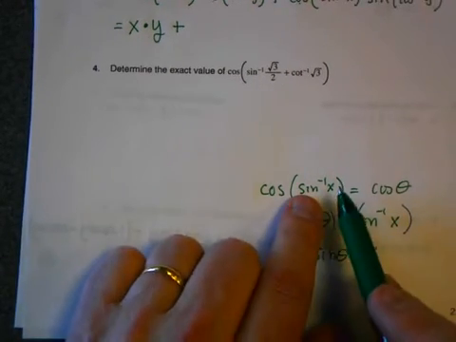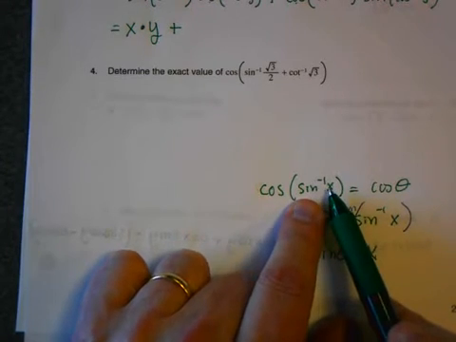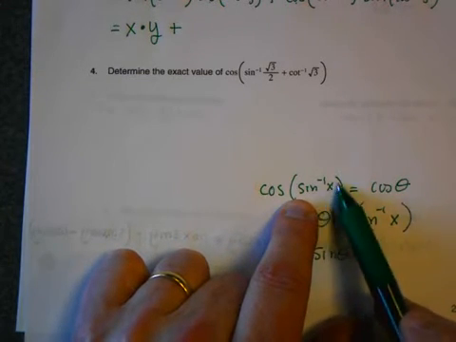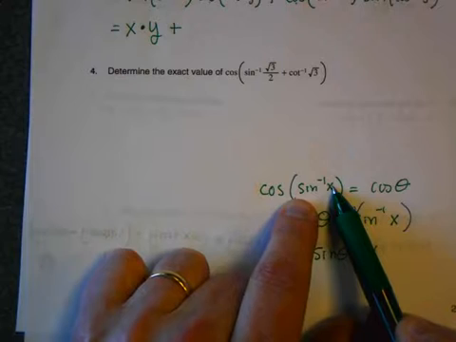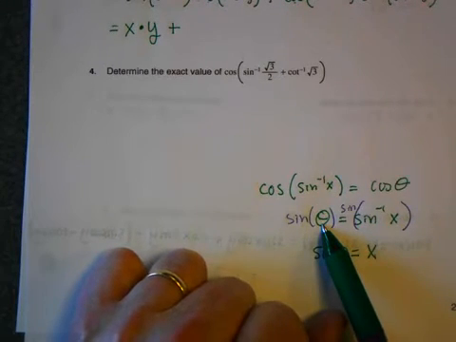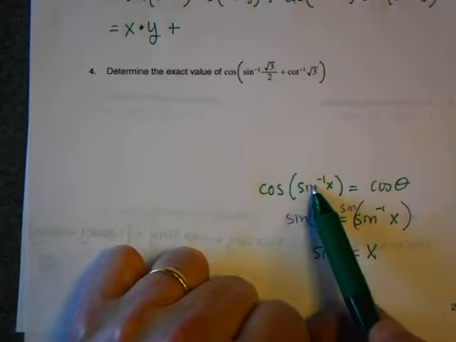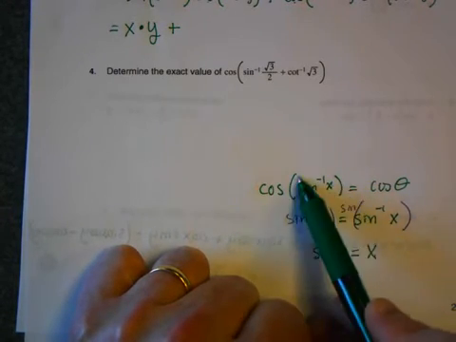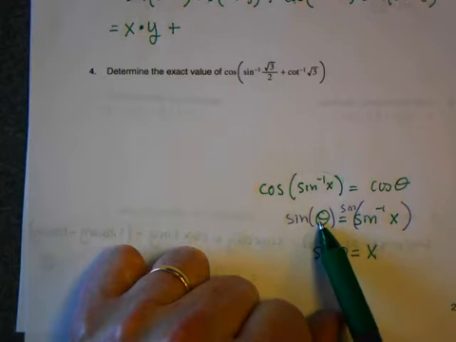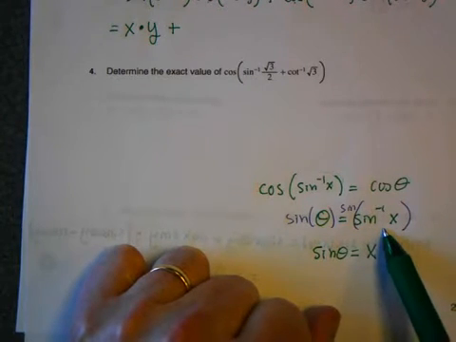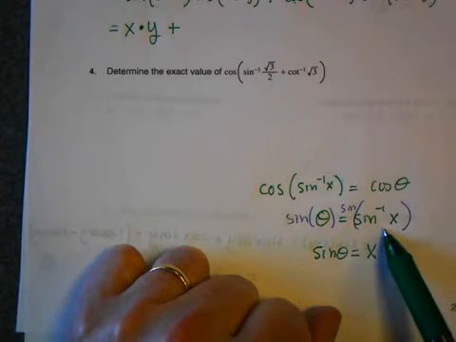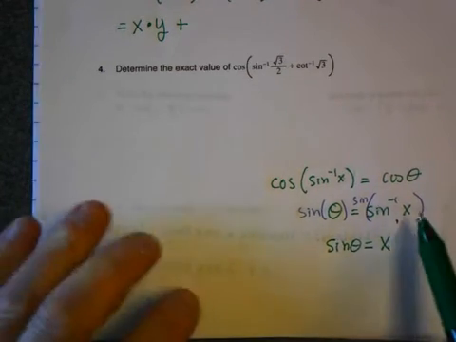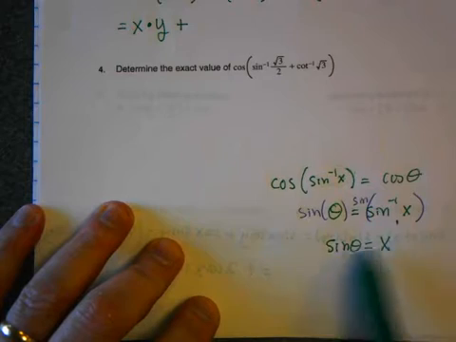Sine inverse takes a number, and when I plug a number into sine inverse, it gives me an angle. So I decided to call that angle theta. I just gave it a name, one that I liked a lot, theta. And then I decided I don't like the sine inverse symbol, so I'm going to do sine on both sides.